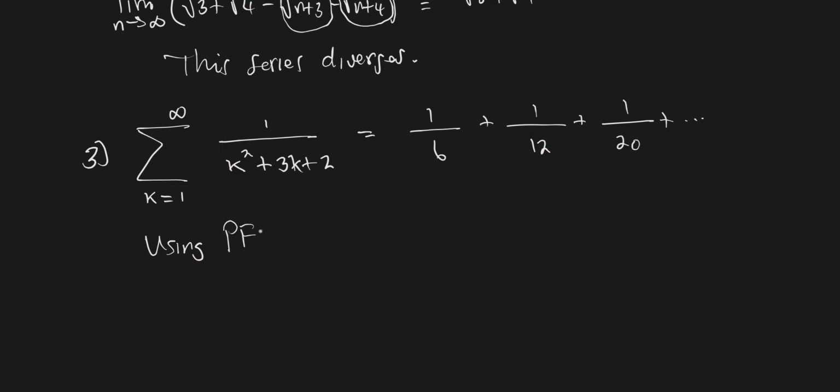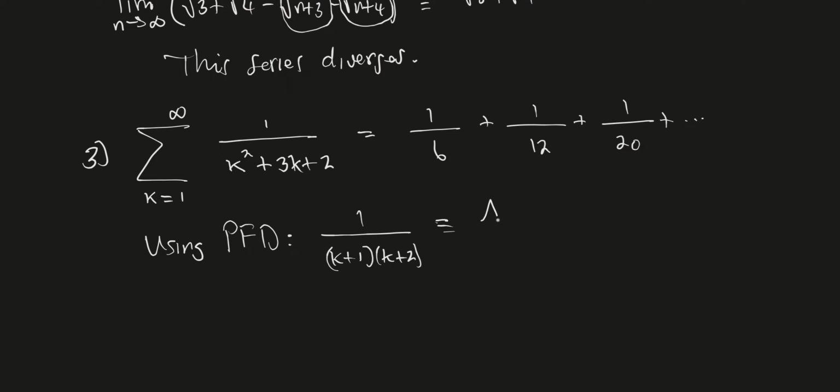So using our partial fraction decomposition, let's factor that denominator. That one looks like it factors as k plus 1 times k plus 2. And so both of these are simple linear factors.